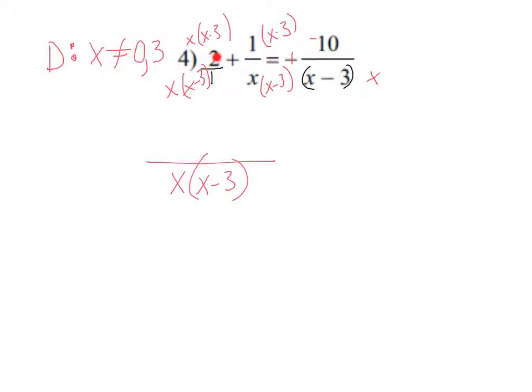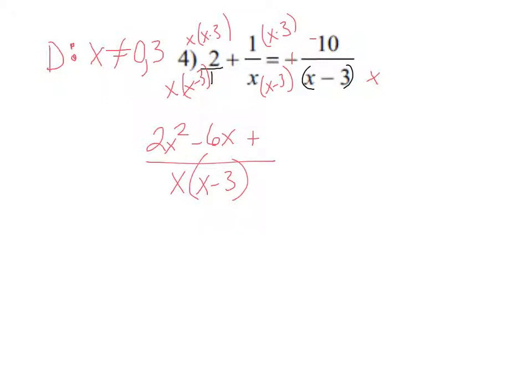So then on this fraction, I've got a 2 times an x that's going to have to get distributed into those parentheses. So think of this as a 2x right here. So 2x times x is 2x squared. And 2x times negative 3 is going to be negative 6x.